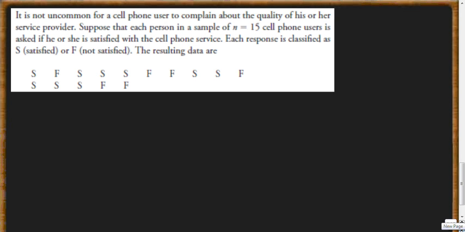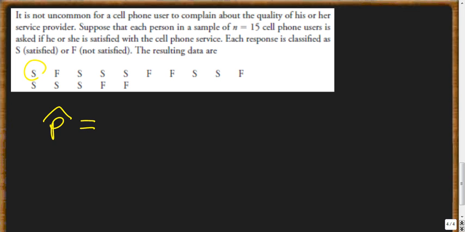And finally, let's look at a sample proportion where it's not uncommon for a cell phone user to complain about the quality of his or her service, right? So they basically called them up and asked them if they were satisfied or not, and we got these different responses. If we were looking to find our sample proportion, out of this sample, how many people were satisfied?